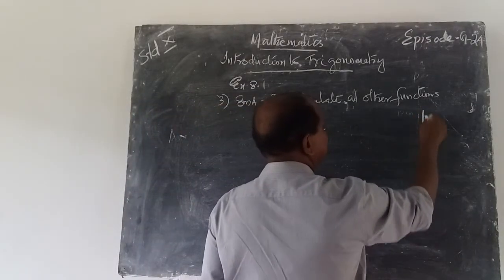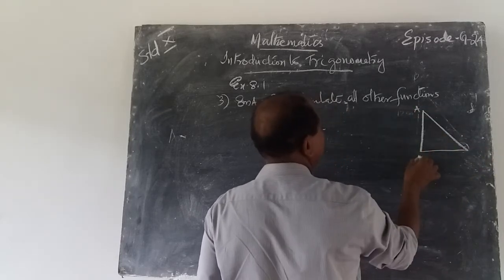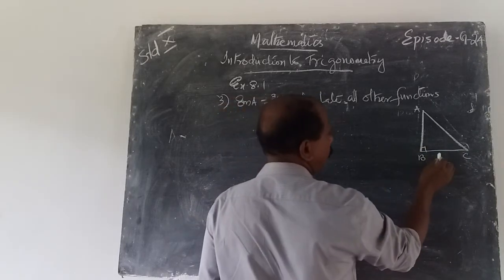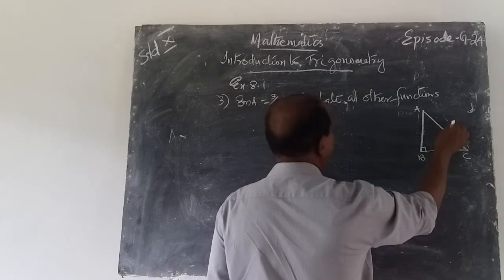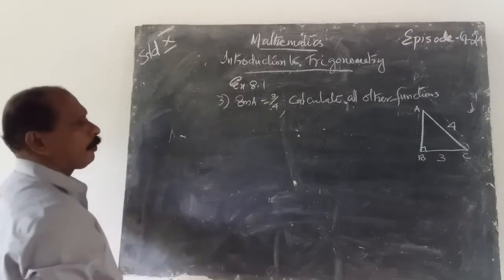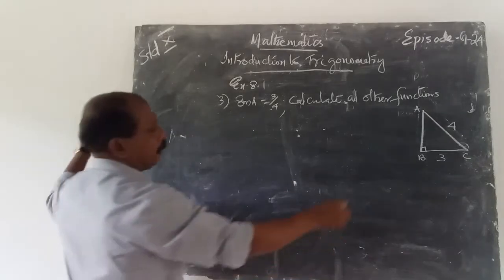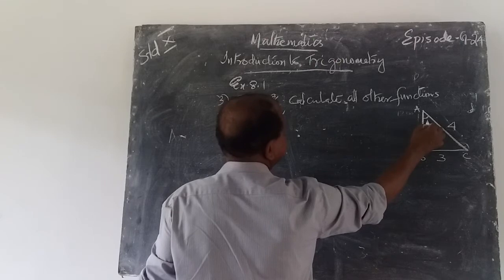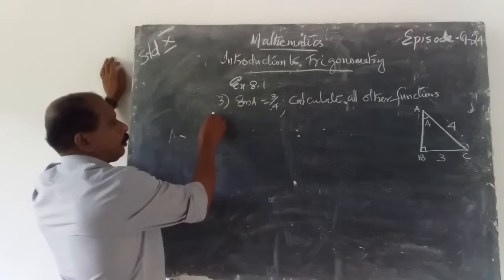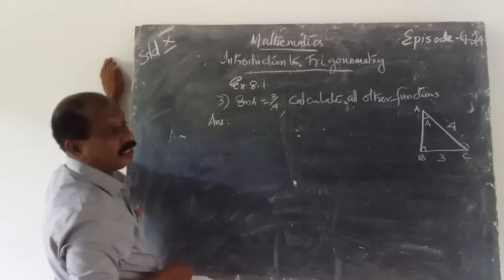Therefore, draw this figure: triangle ABC, right angle at B. Sine A is opposite side 3 by hypotenuse 4. Therefore, we can find out the adjacent side, for the angle A.